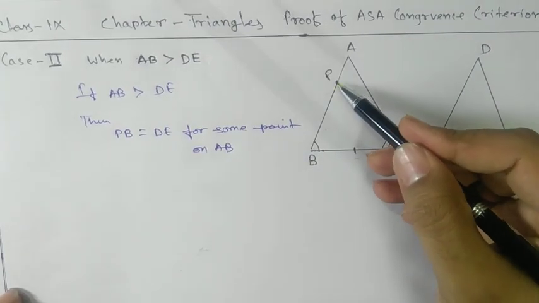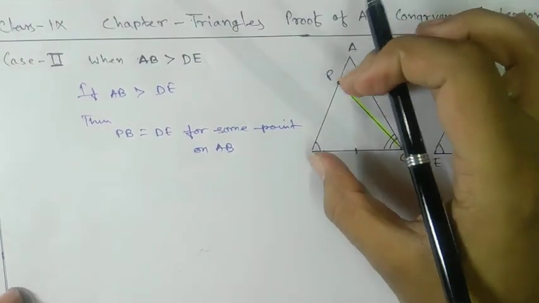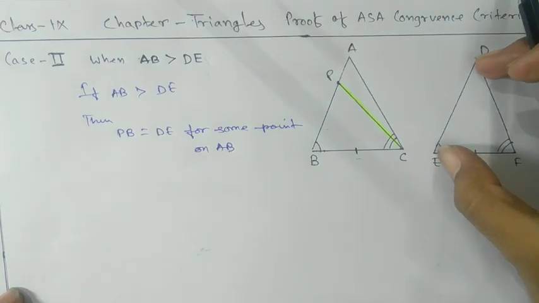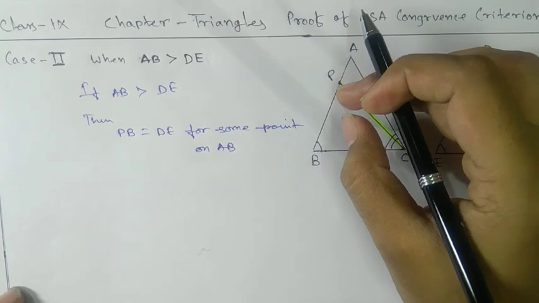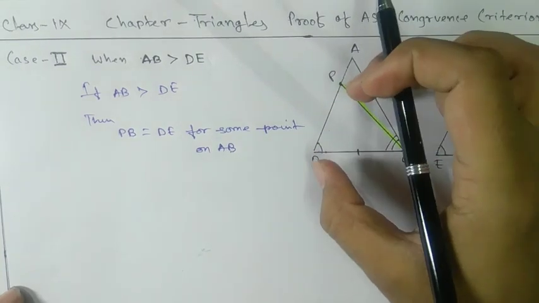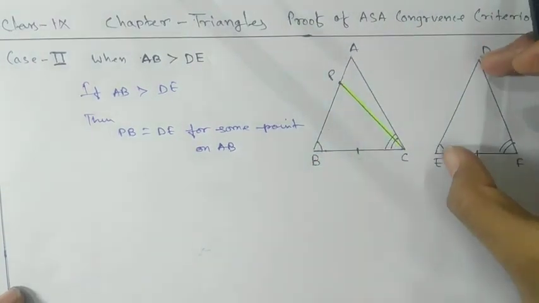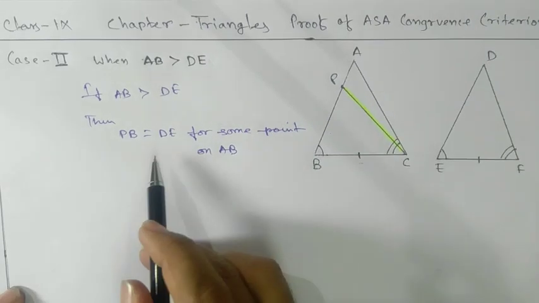That means there should be some point P such that PB equals DE. If AB is not equal to DE, then there must be a point P such that PB equals DE.